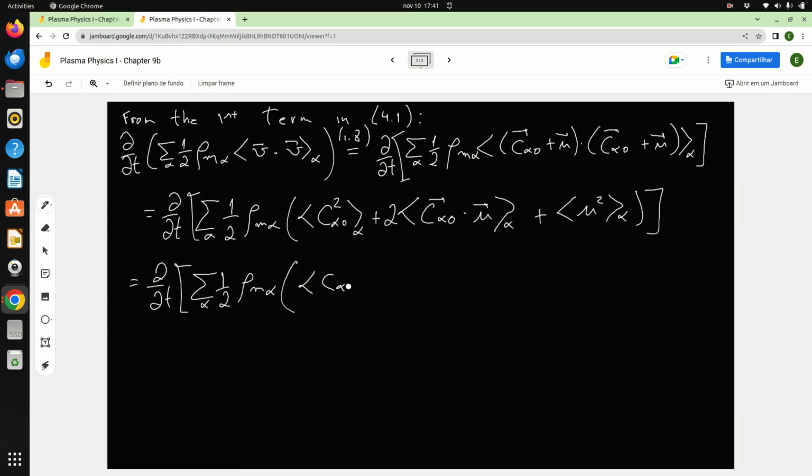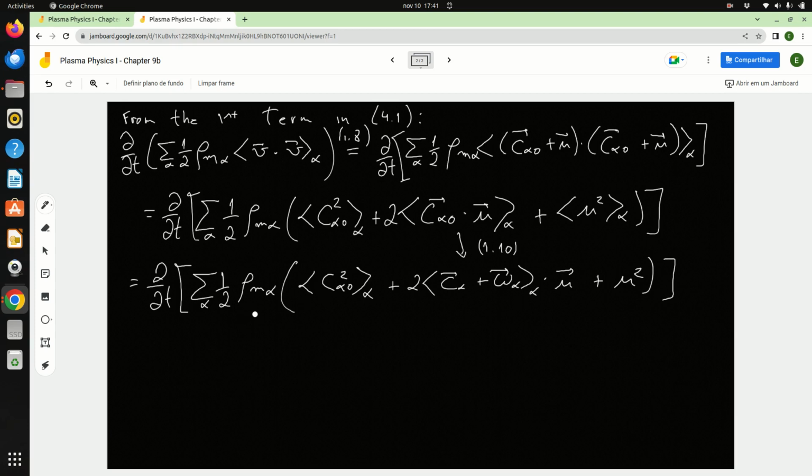And we have C alpha square plus 2, I'll write this using 1.10 like C alpha plus omega alpha dot u. So here I used 1.10, plus, oh, this is just u square. You don't need the alpha because u is not a function of alpha, because u is already an average, so I don't need that sum.